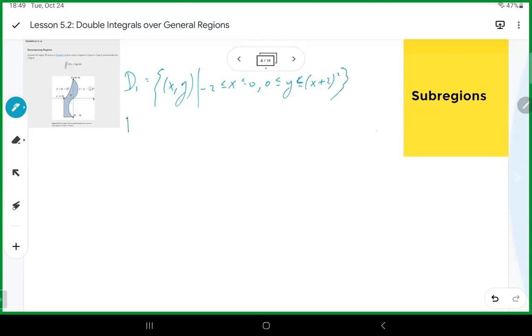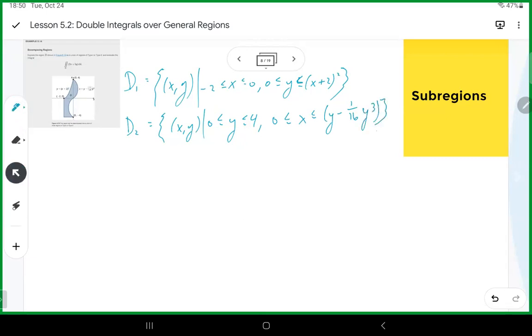That's D1. D2 is going to be 0 ≤ y ≤ 4, and then 0 ≤ x ≤ y minus 1 over 16 y cubed.